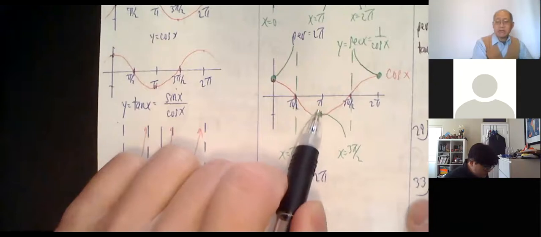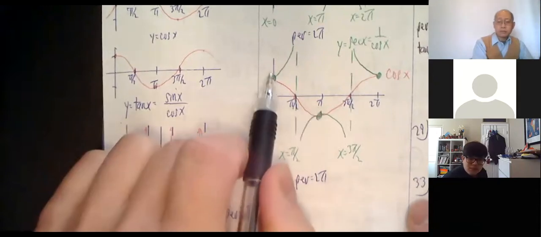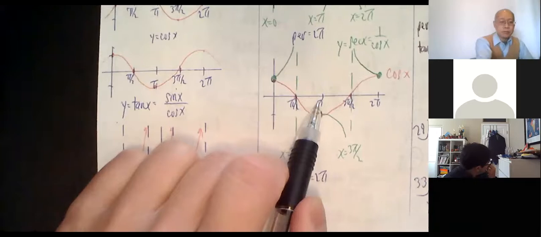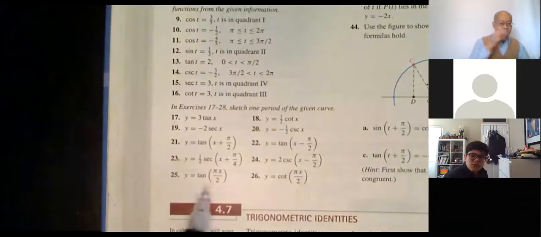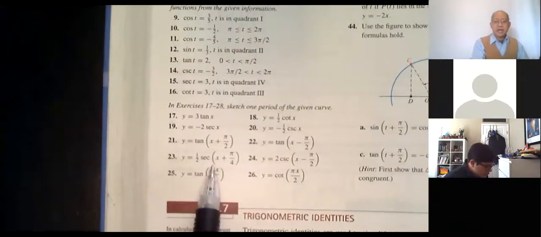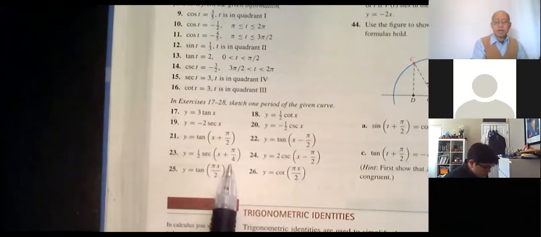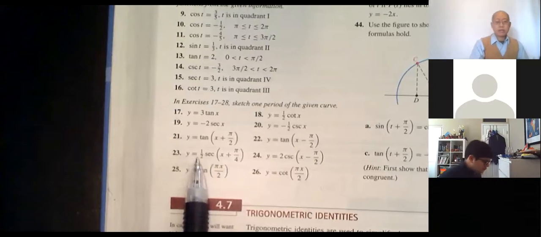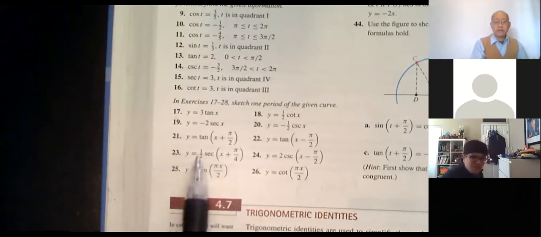And this one's going to be -1/2, right? So this one drops down. This one gets pushed up. That's just a half. And then on top of that, you move pi over 4 to the left. So make a note of that, if you would, for 23. Pi over 4 to the left and multiply by 1/2.